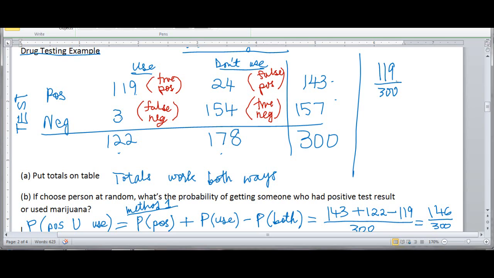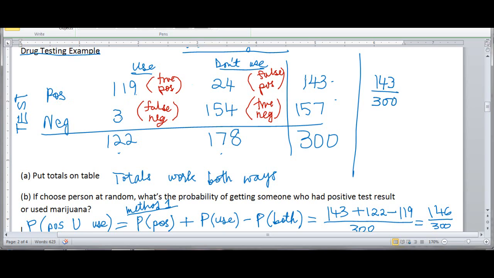I chose that person and examined him. He's positive. Oh, I'm sorry, I'm making a mistake here. Scratch that. I hope you caught that mistake. The probability that the first person is positive is 143 out of 300, because I have a total of 143 positive results.